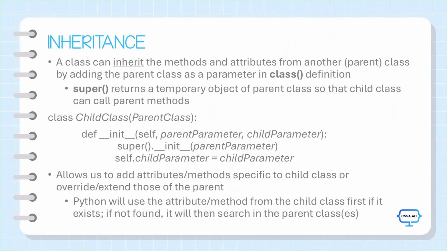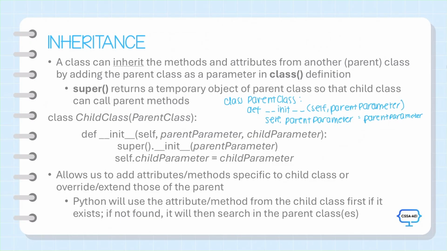So let's say in my parent class, my constructor looks like this. Okay. So as a child class, I would take in everything that the parent has. So I take all of their methods and attributes.